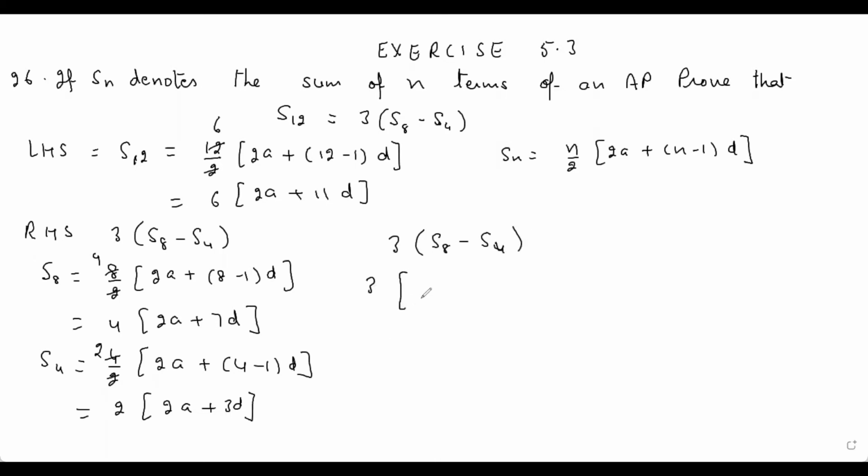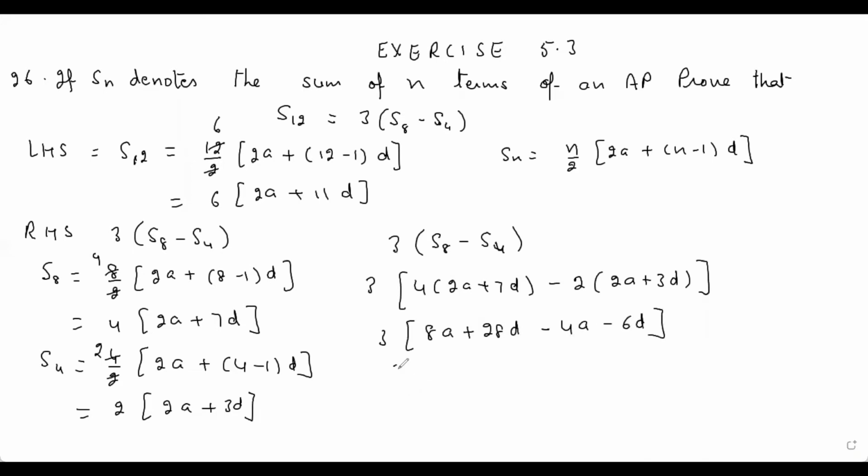3 S8 is 4, 2a plus 7d, minus S4 which is 2, 2a plus 3d. 3 times this is equal to 8a plus 28d minus 4a minus 6d. This is equal to 3, 4a plus 22d. Take 2 common.